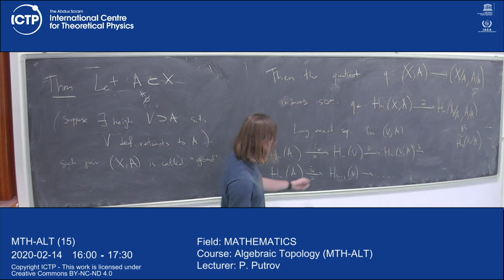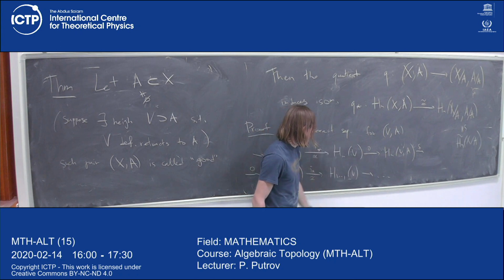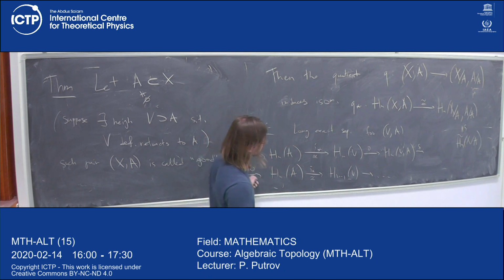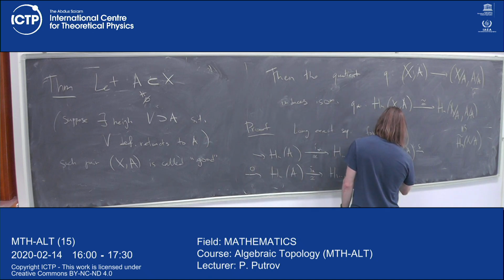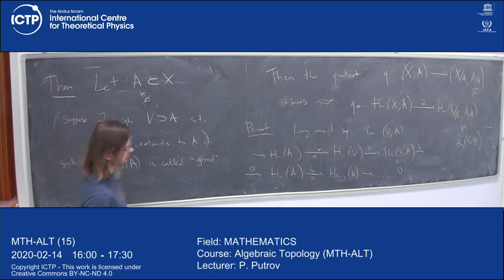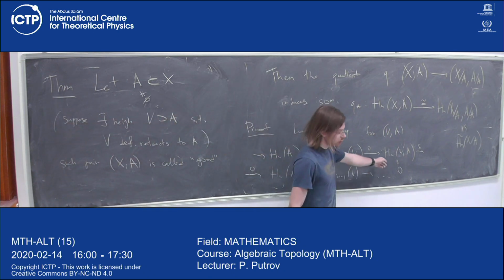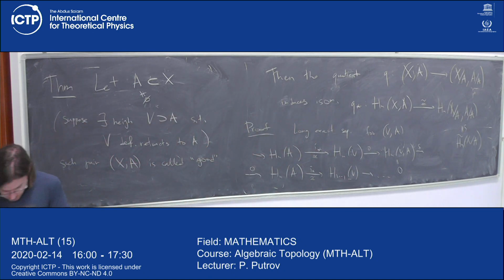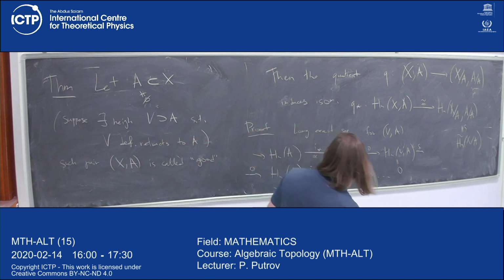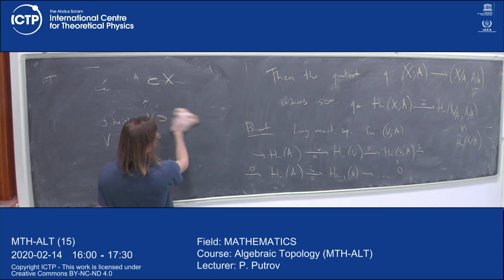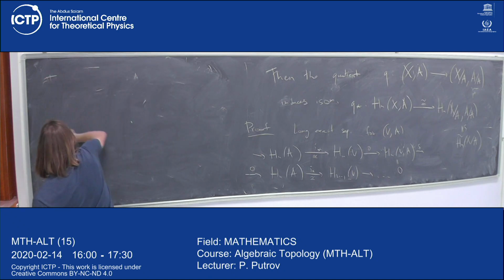Because if this map is surjective, the kernel of this map should be the whole space. And similarly, this map is injective, so the image should be trivial. So this map is 0, and it follows that this group should be 0, right? So in the long exact sequence, if you have some group sandwiched between trivial maps, it is necessarily 0, right? Okay, so we learned that these relative homologies are just 0.